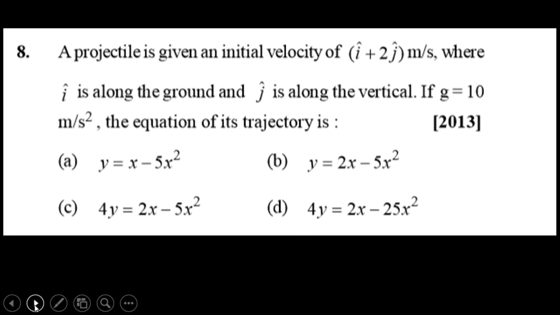Right. Next question. The last question: a projectile is given an initial velocity of i plus 2j meters per second, where i is along the ground and j is along the vertical. If g is 10 meters per second squared, the equation of its trajectory is. Let's do this question.